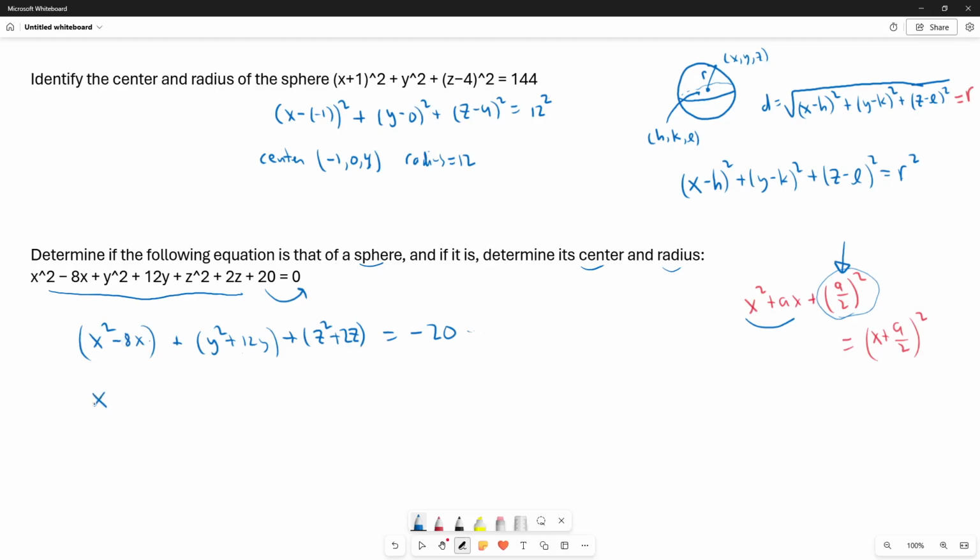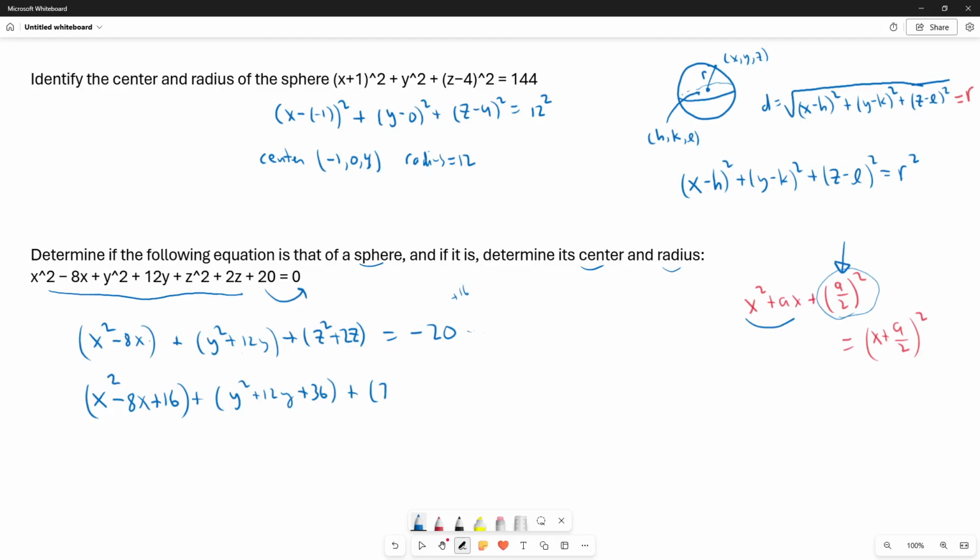So the first one's going to become, take half of this number, −4, square it, 16, and add it on. And that means on the other side of the equation, we're also going to have to add 16 at the end. And here, y² + 12y, we take half of the coefficient of y, which is 6, square it, 36, and add it on.